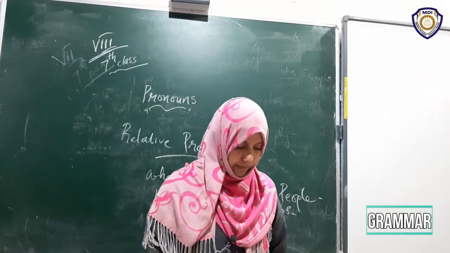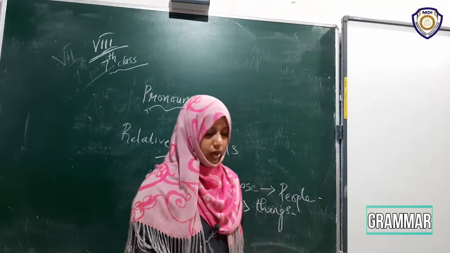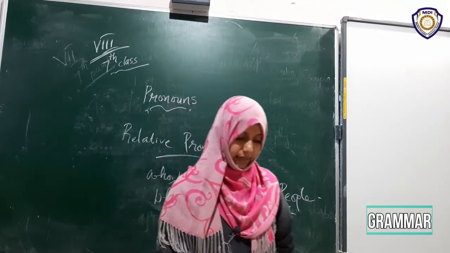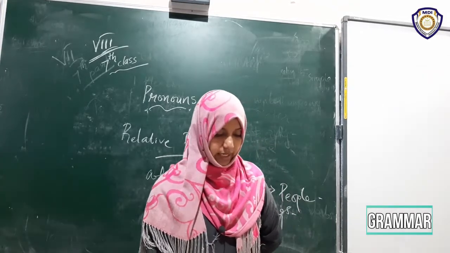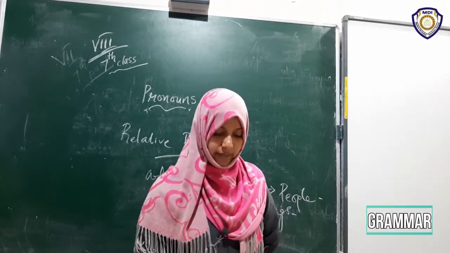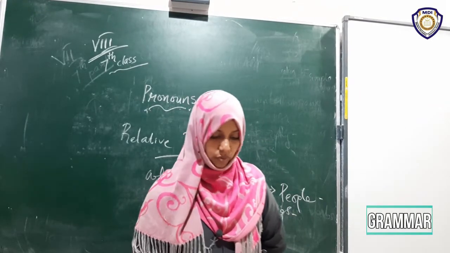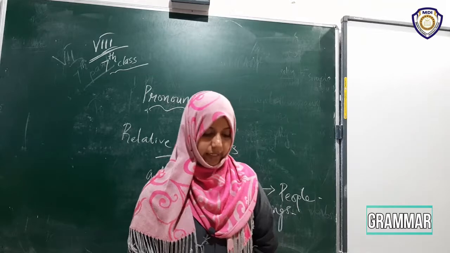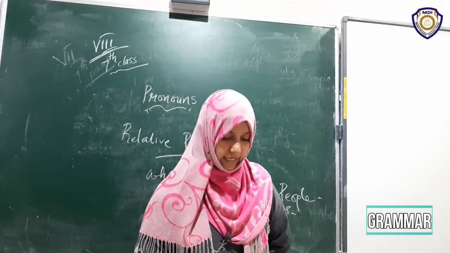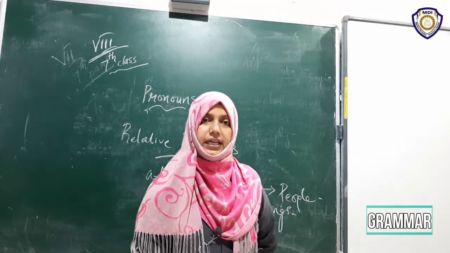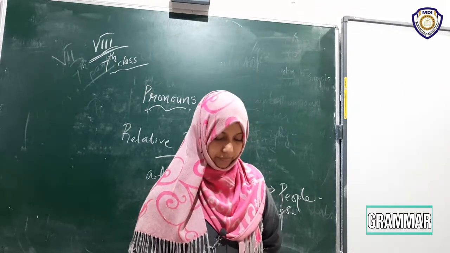A tree grows near Renji's house. The tree is almost 100 years old. The tree that grows near Renji's house is almost 100 years old.